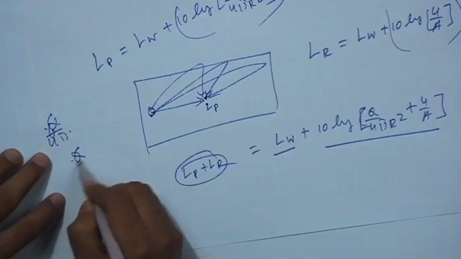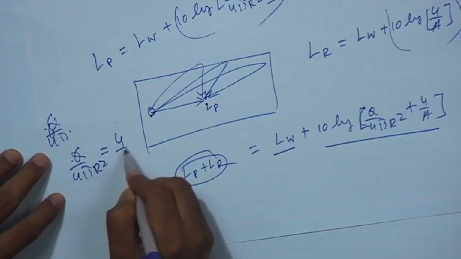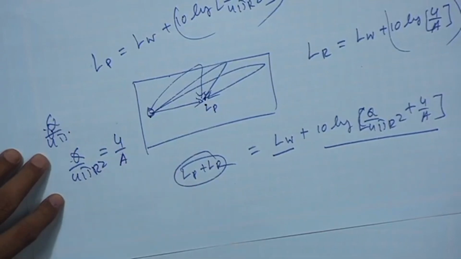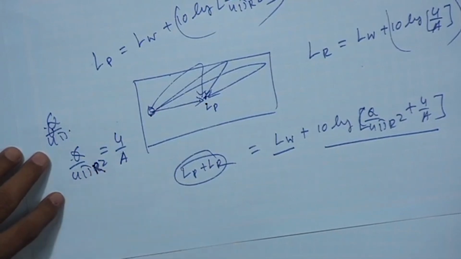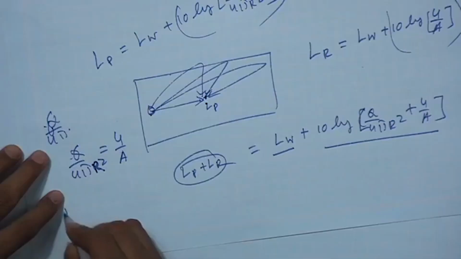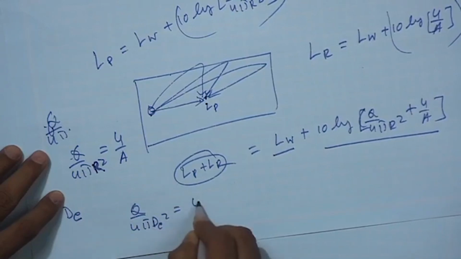When Q by 4 pi R square is equal to 4 by A. That distance R is the critical distance, where the direct sound power and the reverberant sound power are equal.